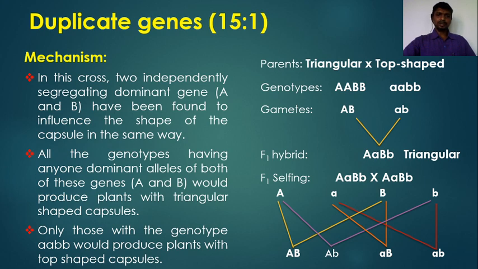So due to the presence of any one dominant allele of these genes A and B, plants with a triangular shaped capsule are produced, while only one genotype does not possess any dominant allele, that is, it possesses only the recessive alleles, and it produces the top shaped capsule.